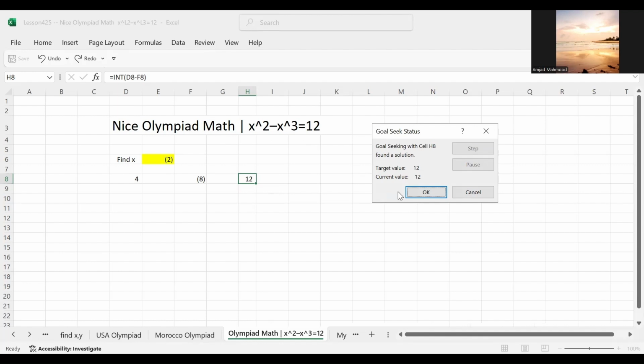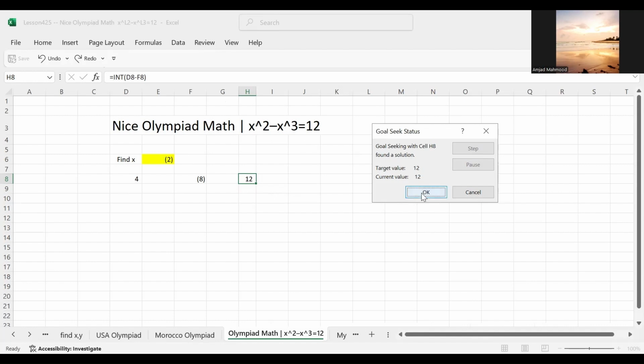That's it. This is the right thing we can do. You have to write the formula to force it to integer. Otherwise, it would keep on attempting, and it won't find the exact value which is desired by the goal seek. Since the value is now exactly 12, due to this integer function, the solution has arrived.